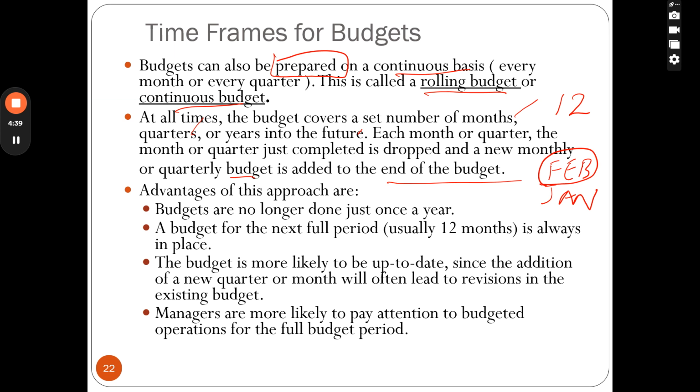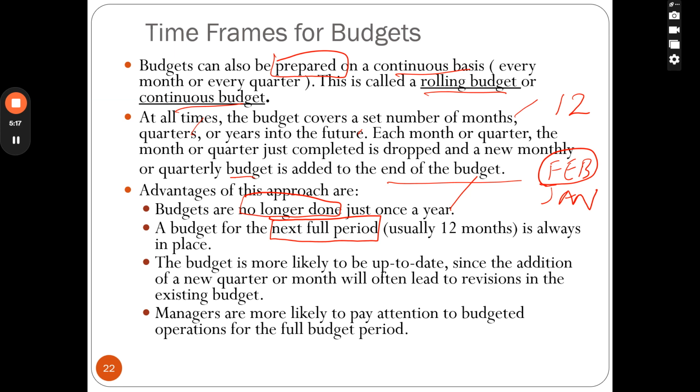What are the advantages of making such a budget? Your budget is not just done once in a year, and you always have a budget for the next 12 periods. There is always a budget, and it is going to be more updated, right? Because every month you are going to make a budget, and you are getting more and more relevant information compared to the previous few months.